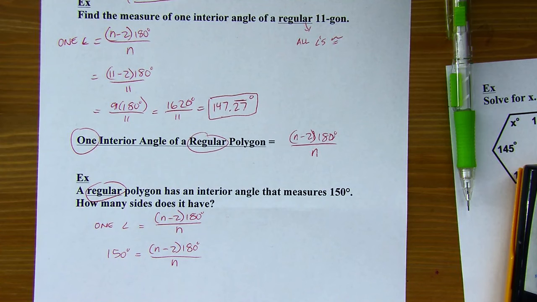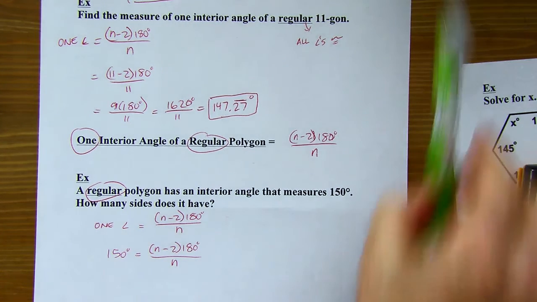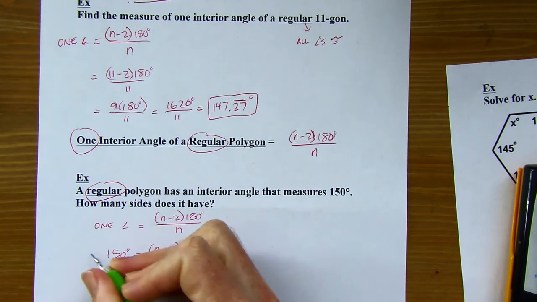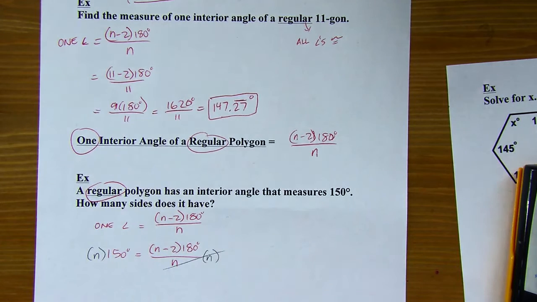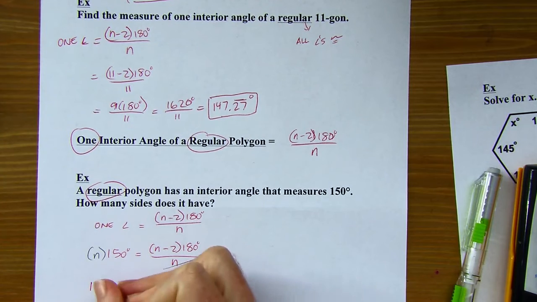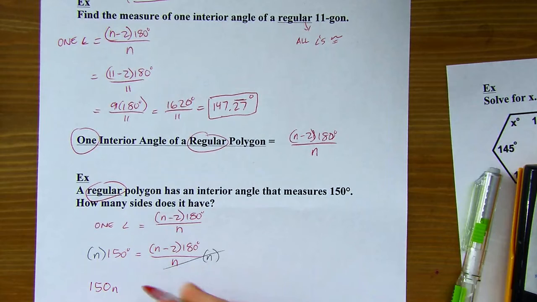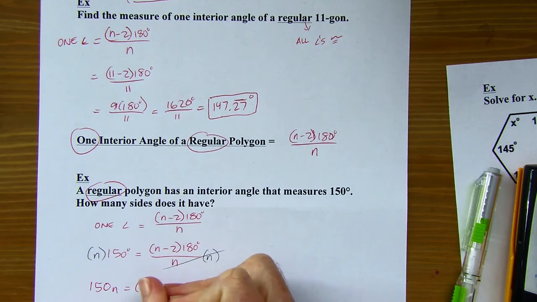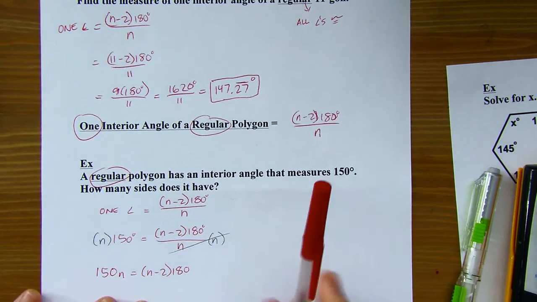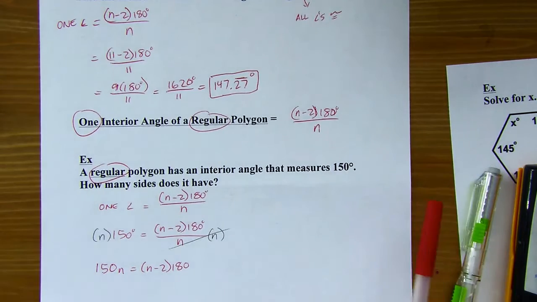So I have to isolate n here. It's going to take a little bit more work. What I like to do first thing off is to get rid of my fraction. So if I multiply both sides by n, then no more fractions, right? So now I've got 150 n. This is going to be the number of sides, so I'm not going to bother putting in the degrees everywhere. And you've got some different options, but what I'm going to do next is to distribute the 180.